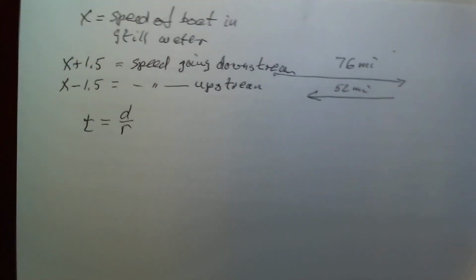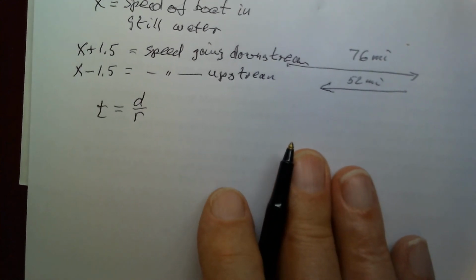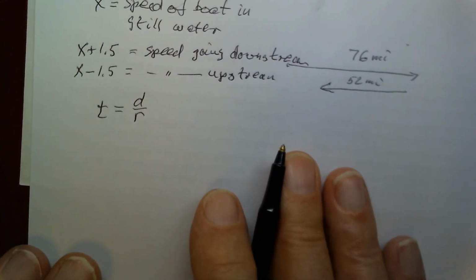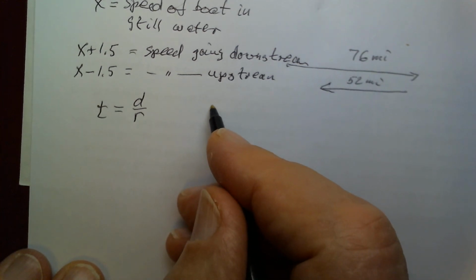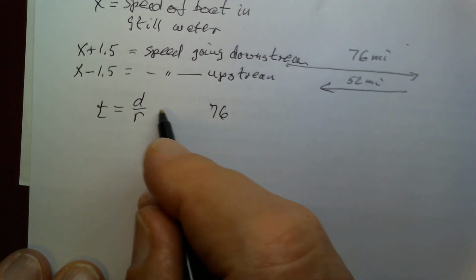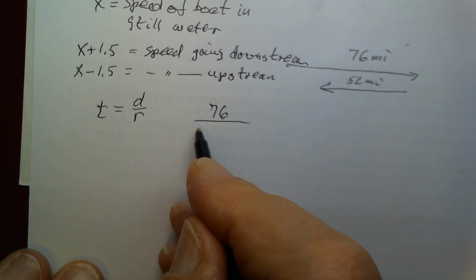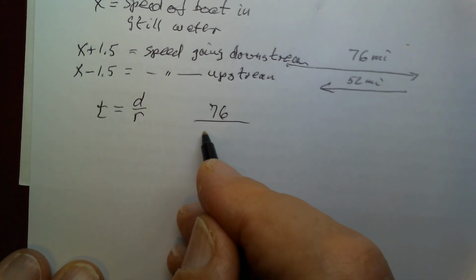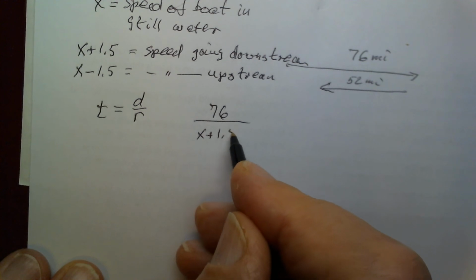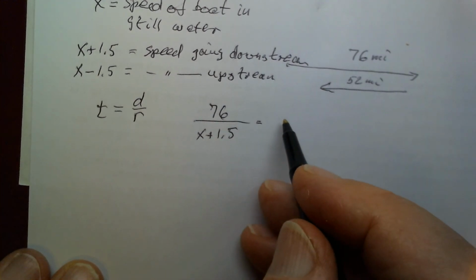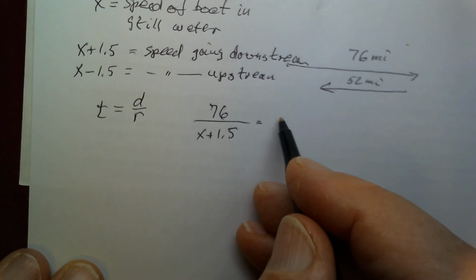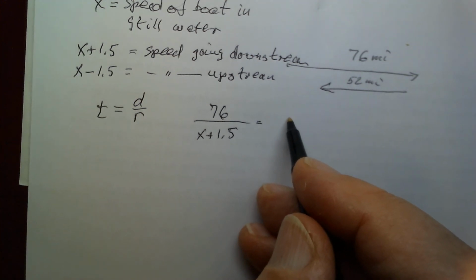So we can write the following equations. We can write that 76 miles going downstream, 76, that's the distance, and the rate of travel going downstream is x plus 1.5, and that's equal to the same time as the speed going upstream, which is 52 miles.